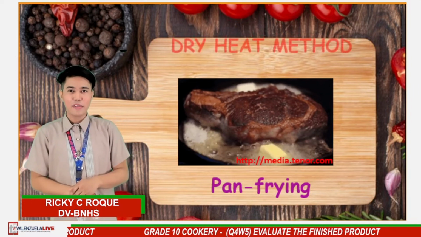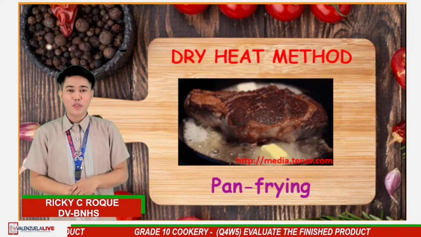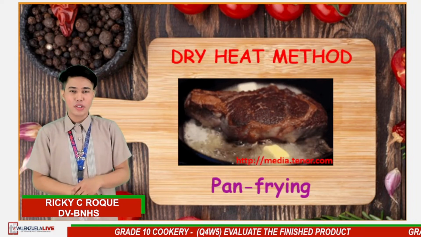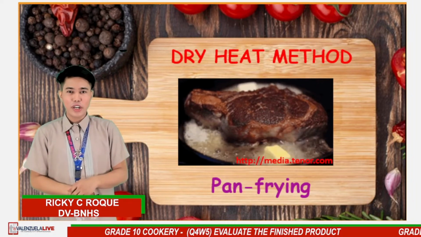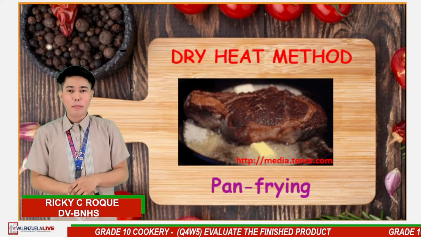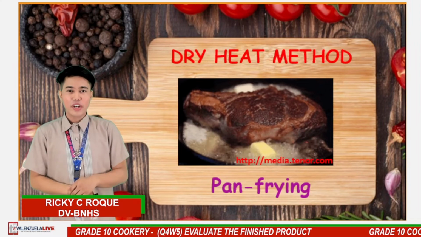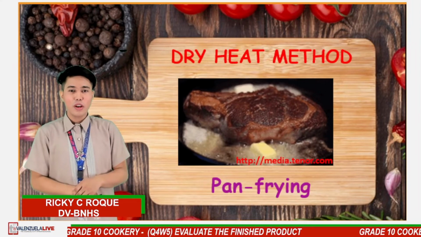Next is pan frying. The meat is first browned on both sides in a small amount of fat and then seasoned. Cook the meat uncovered and at a moderate temperature, turning occasionally until done. Tender cuts are usually most suitable for pan frying.